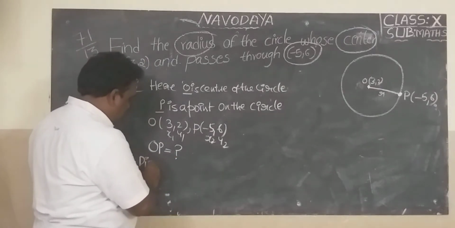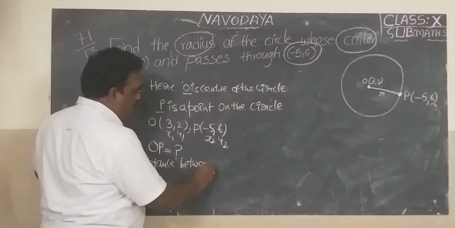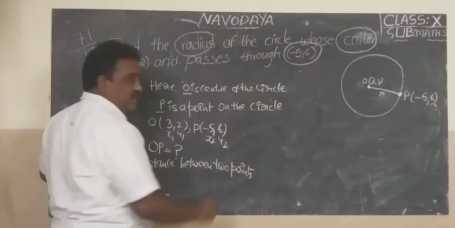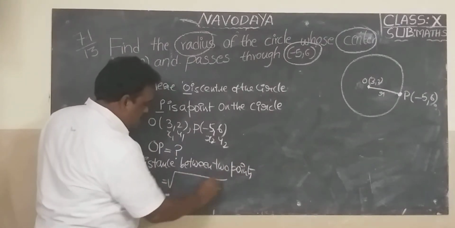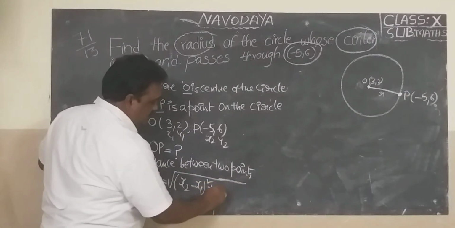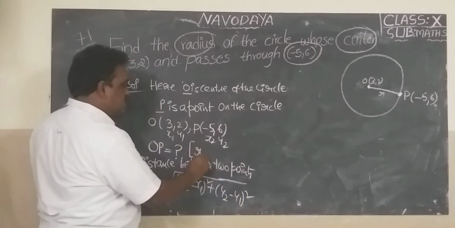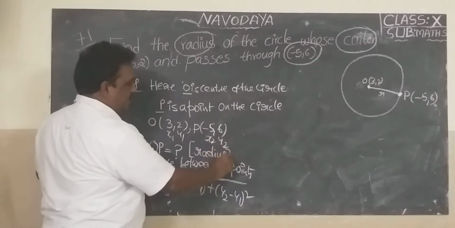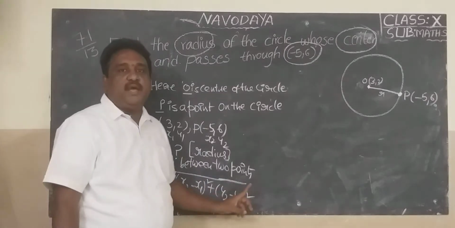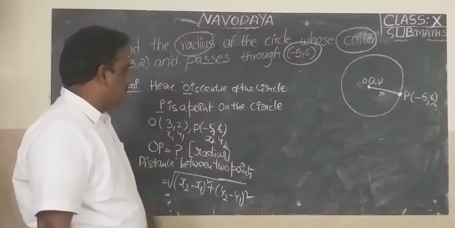The distance between 2 points equals root of (x2 minus x1) whole square plus (y2 minus y1) whole square. You know what OP is? OP is the radius. So the distance between 2 points is root of (x2 minus x1) whole square plus (y2 minus y1) whole square.